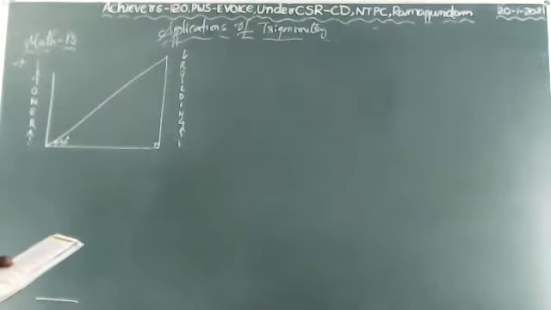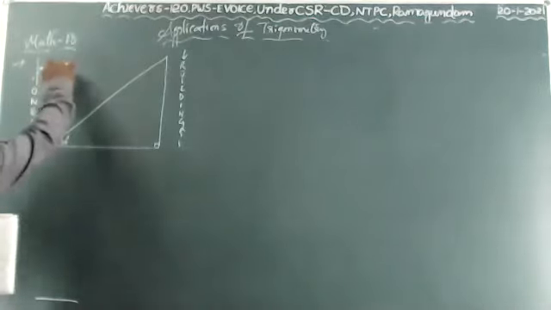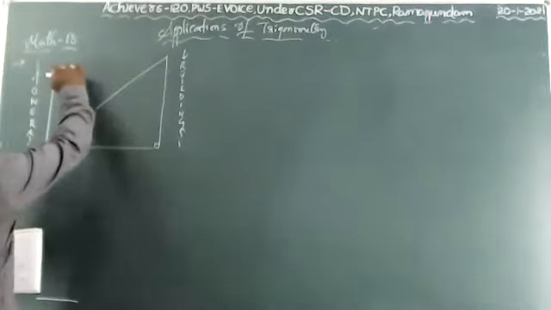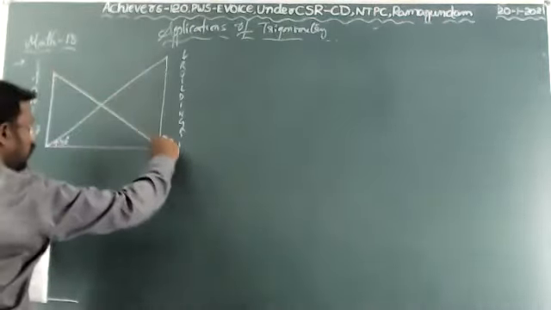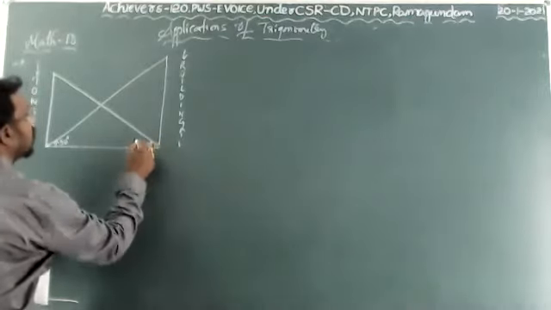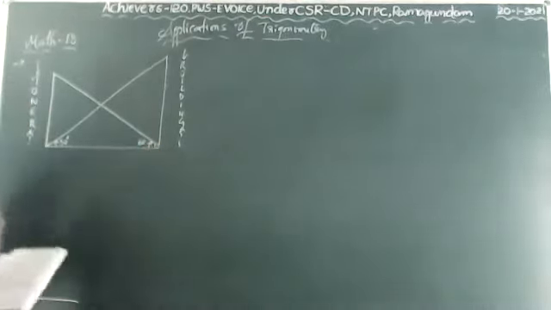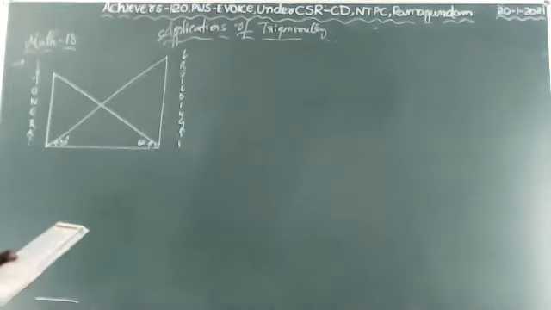And the angle of elevation of the top of the tower from the foot of the building, how much? 60 degrees.